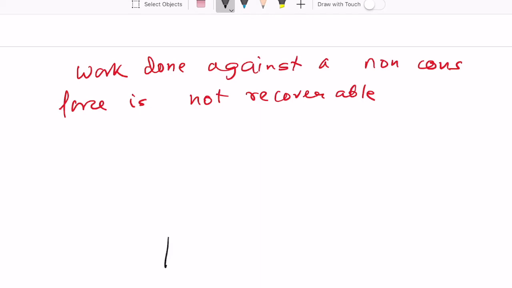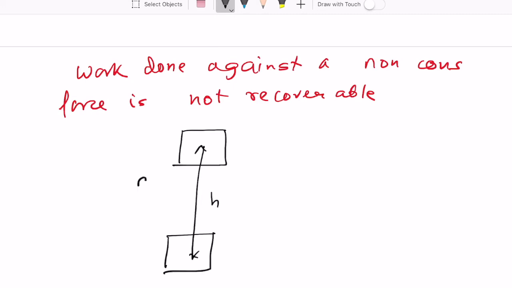However, consider this situation. Suppose you have a similar box, and you raise this box up by a certain height h. So this time you just lift the box up and raise it to a height h, right?